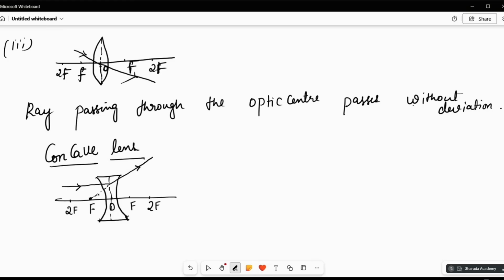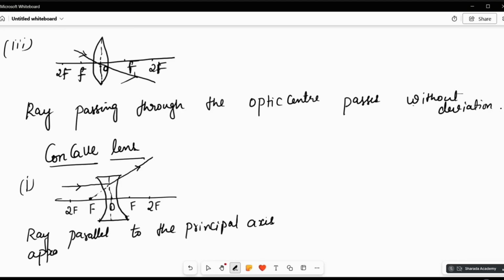Actually the ray will not come back here, but it appears as if it is coming in this direction. Ray parallel to the principal axis appears to diverge from the focus.